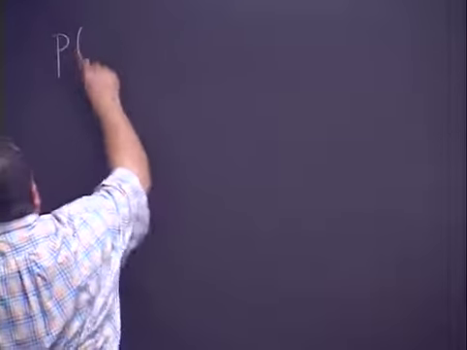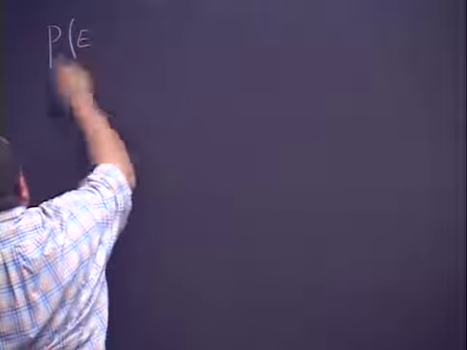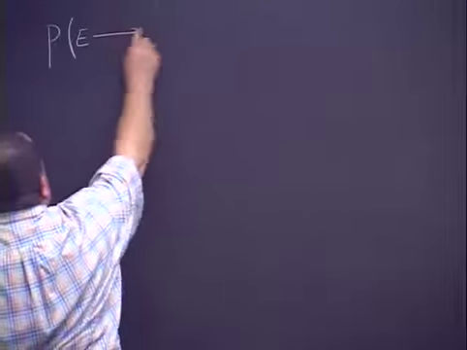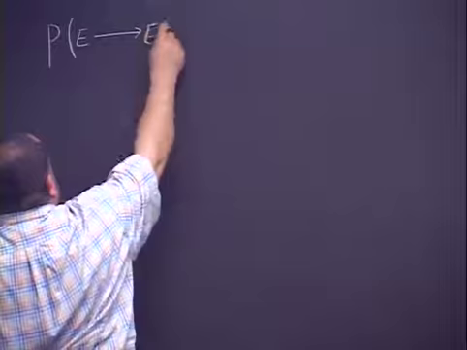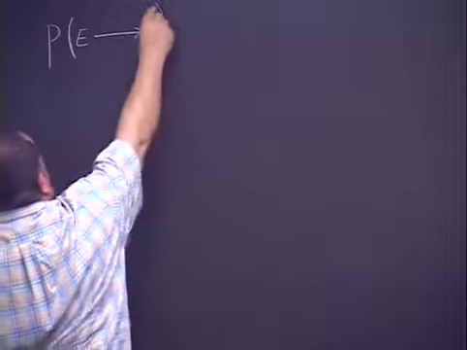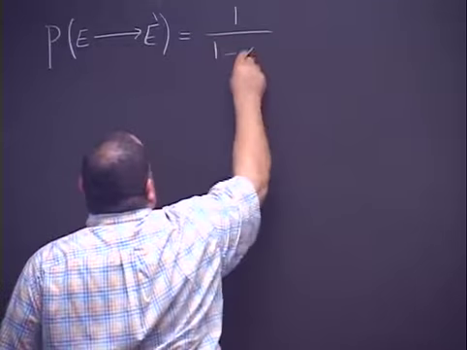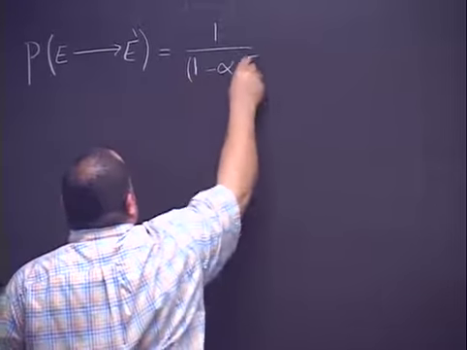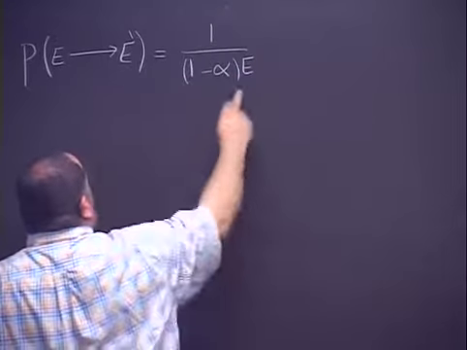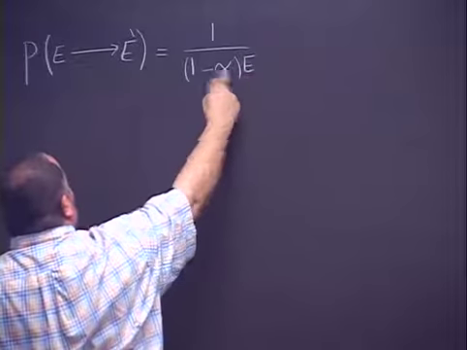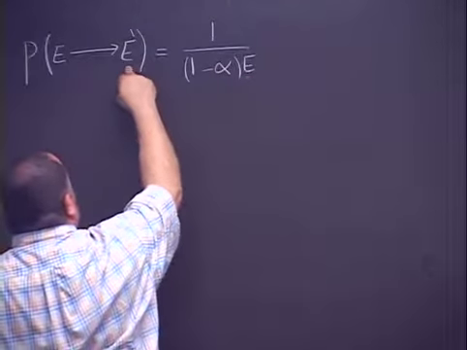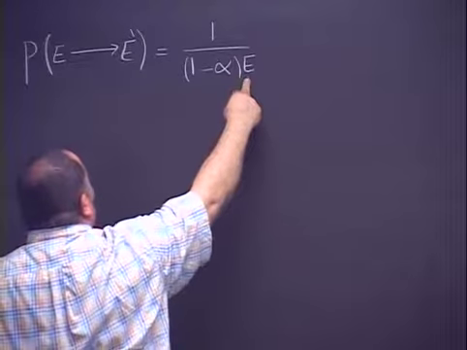The equation that you will be using is the probability that a neutron starting with energy E will go, after one single collision, to energy E prime, which is just 1 over (1 minus alpha) multiplied by E. So the probability is not a function of the final energy. It's only a function of the initial energy.